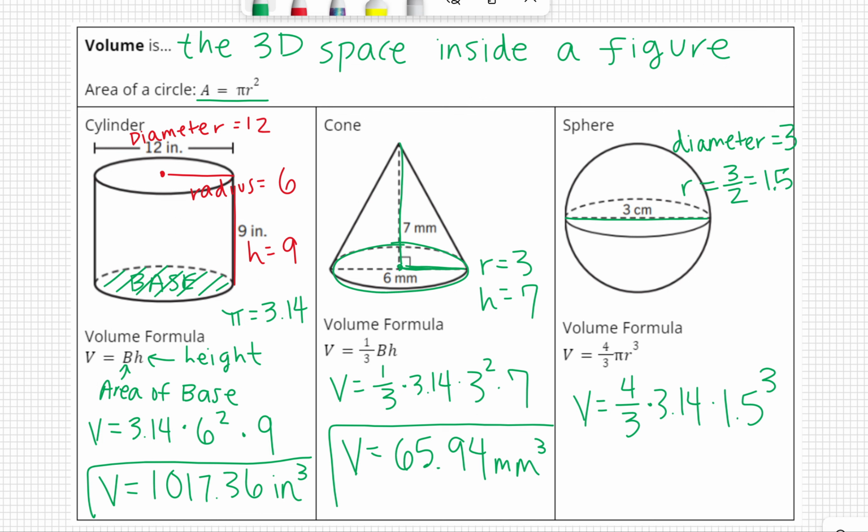Volume equals, and I'll put that in my calculator, 4 divided by 3 for 4/3 times 3.14 times 1.5 to the third power. My volume is 14.13. Our units are centimeters, and this is a 3D shape, so centimeters cubed.